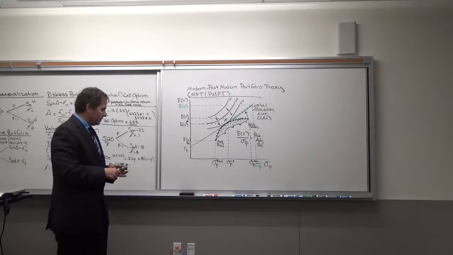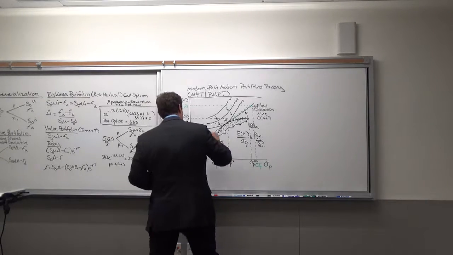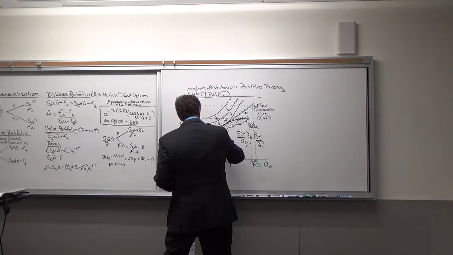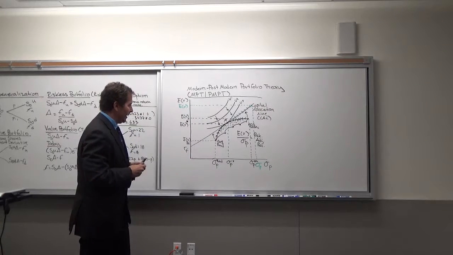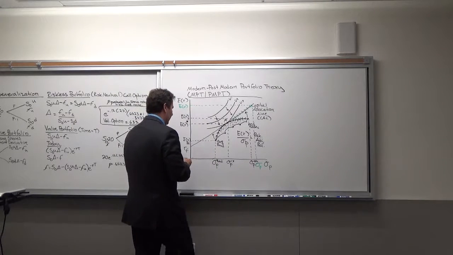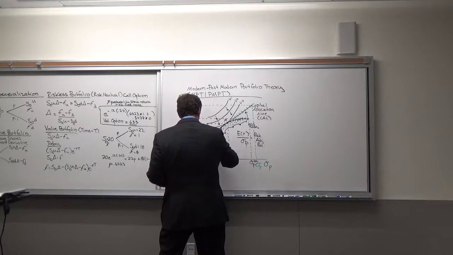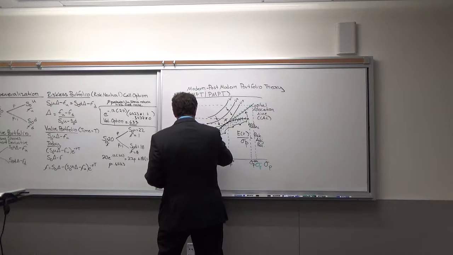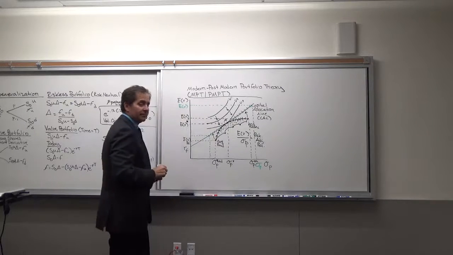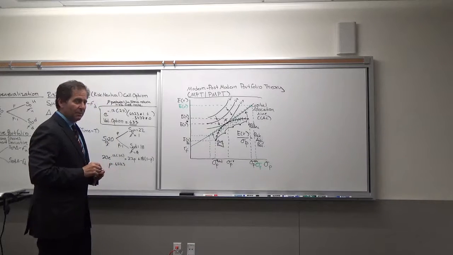You can also jump off the efficient frontier and move down the capital allocation line through the process of lending. And that's what banks do.